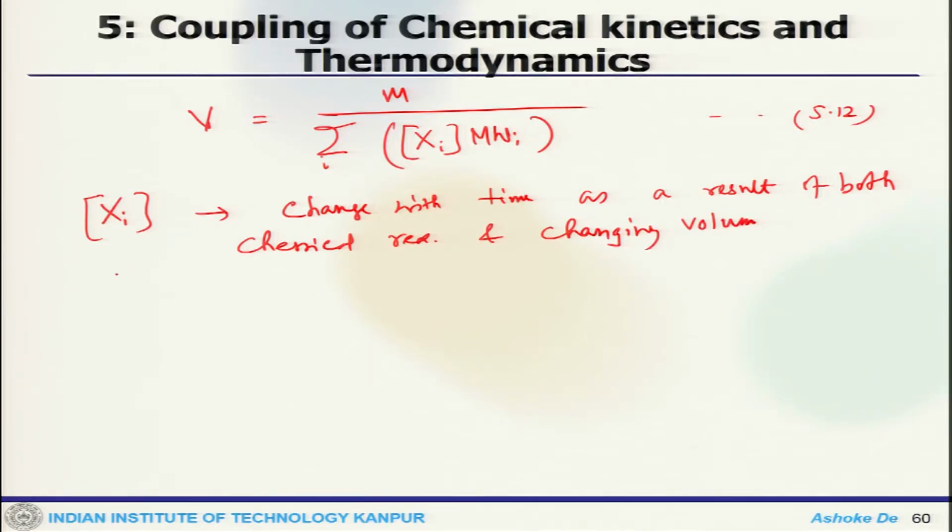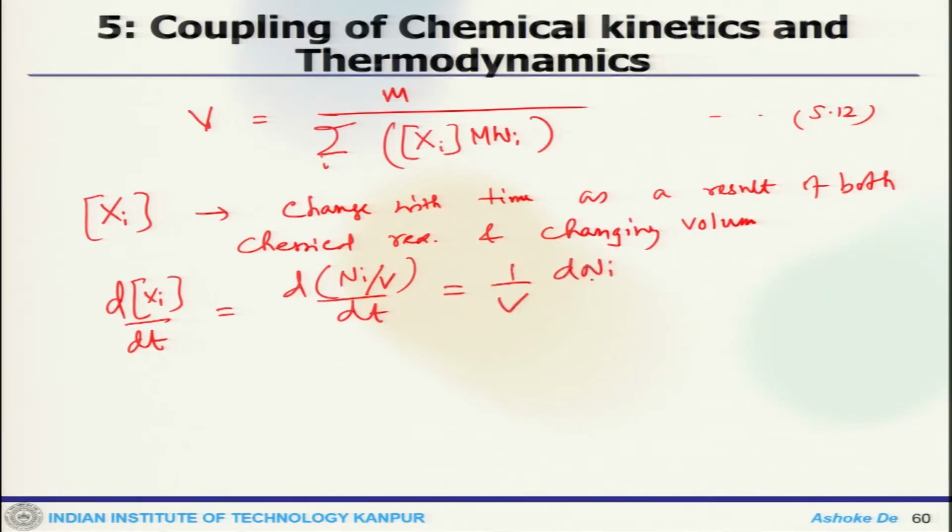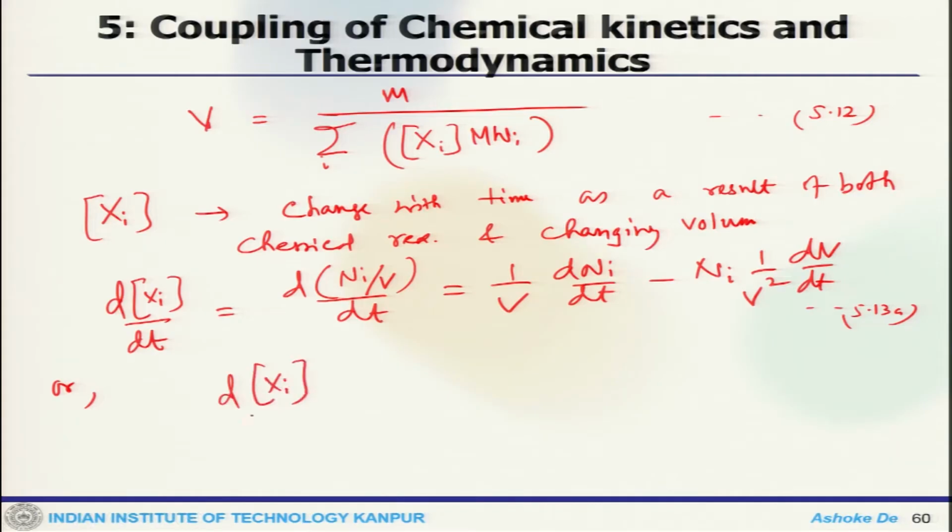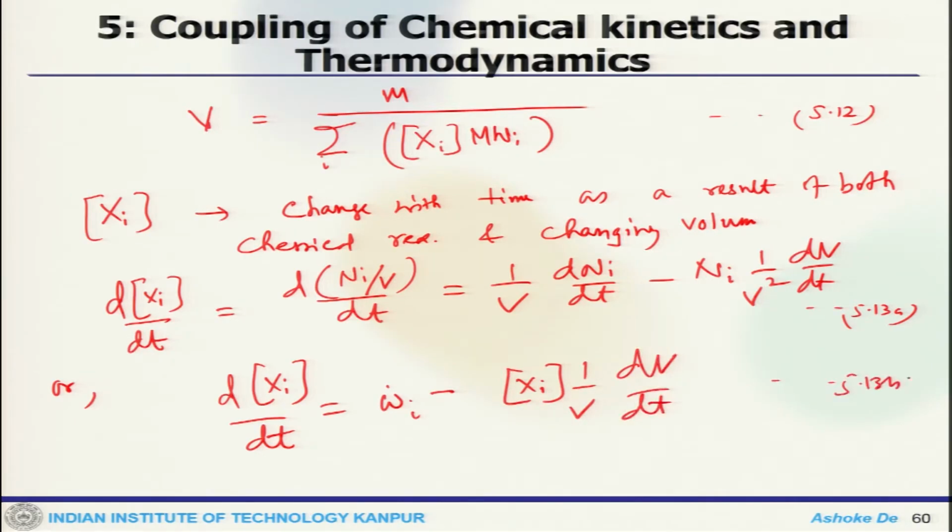So, one can write that dXi/dt is d by dt of Ni by V, which is 1 by V dNi/dt minus Ni times 1 by V square dV/dt. Or one can write dXi/dt equals omega dot i minus Xi times 1 by V dV/dt. That is my 5.13b.